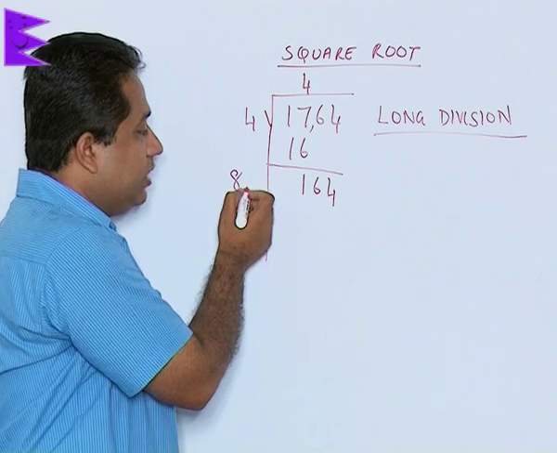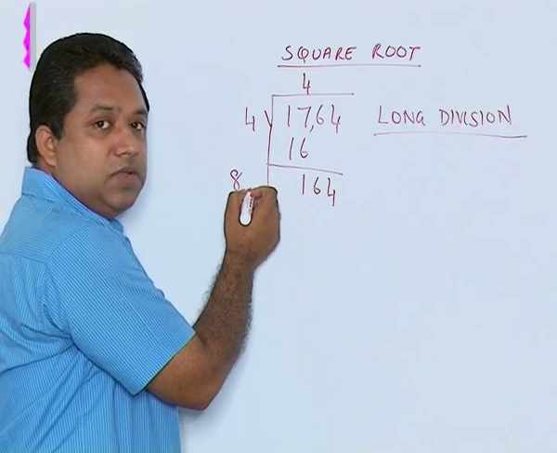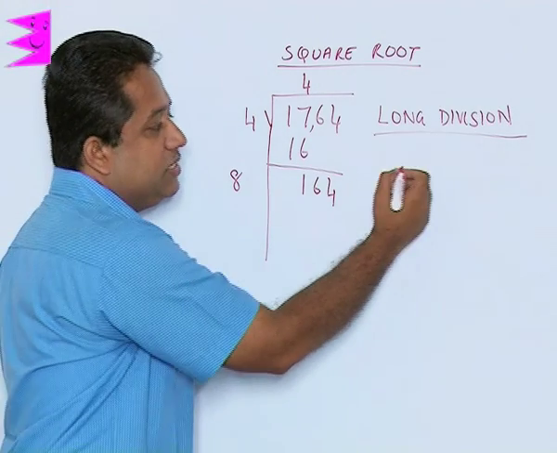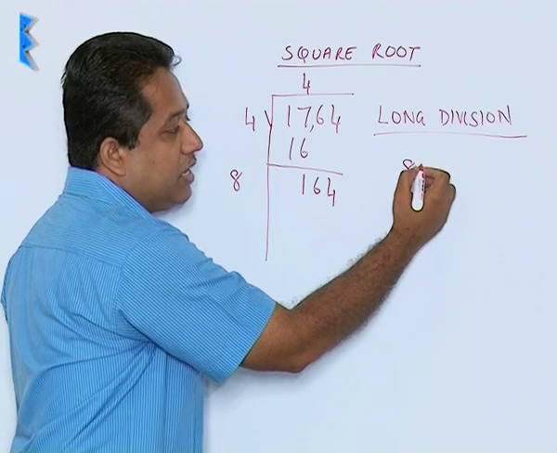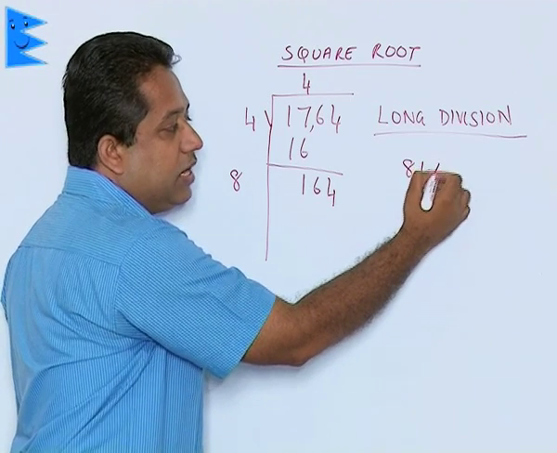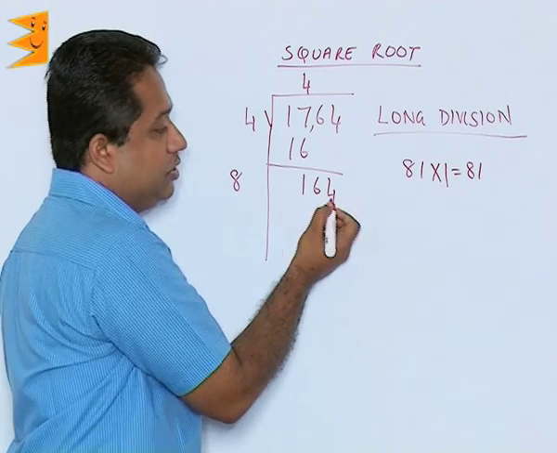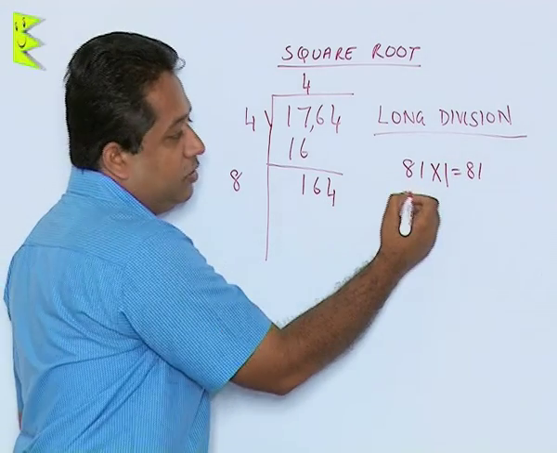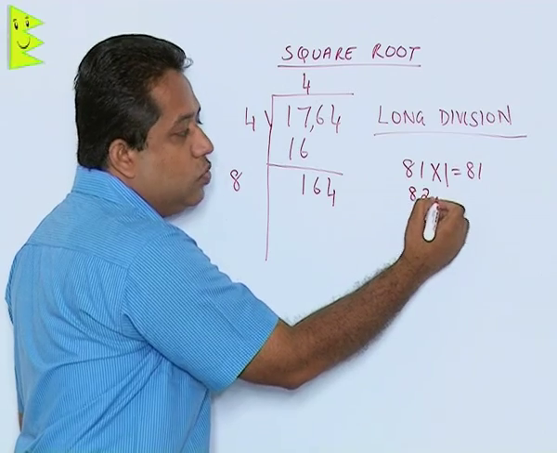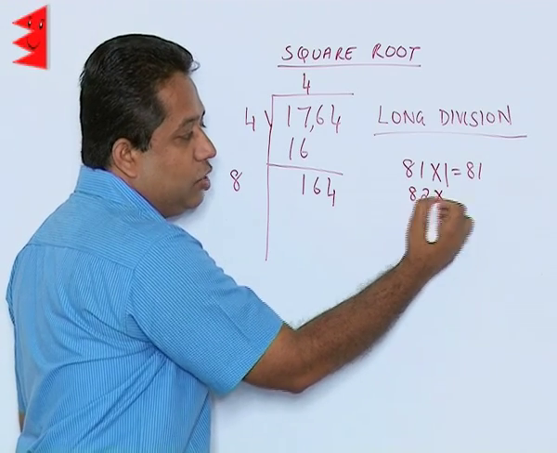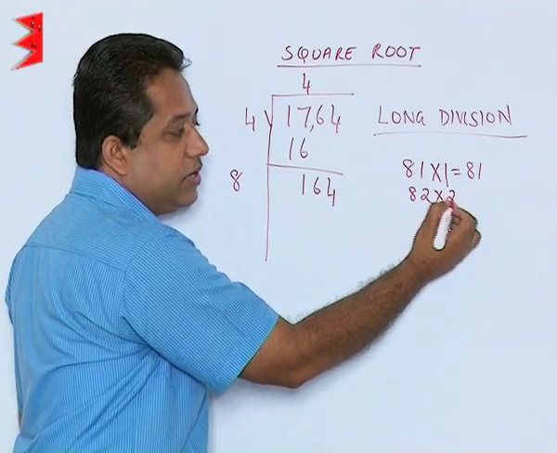Now, along with 8 we are going to put a number and multiply by the same number. If I put 8 and 1, then I will have to multiply with 1. So, 81 into 1 will give me 81, which is not equal to this. If I now put 2, 82, then I have to multiply 82 with 2. So, this number and this number have to be the same.